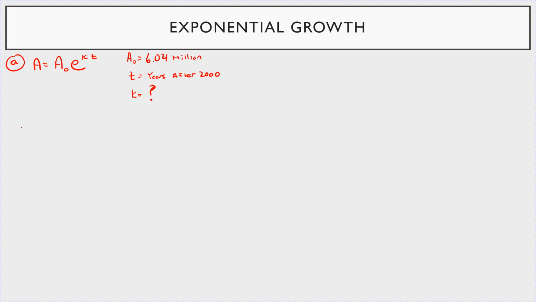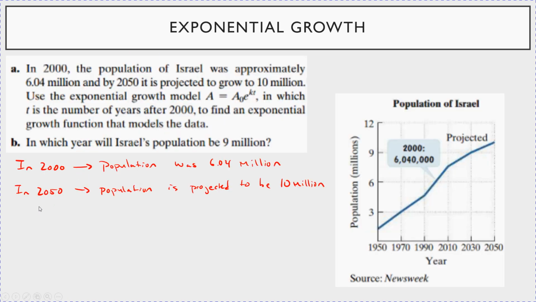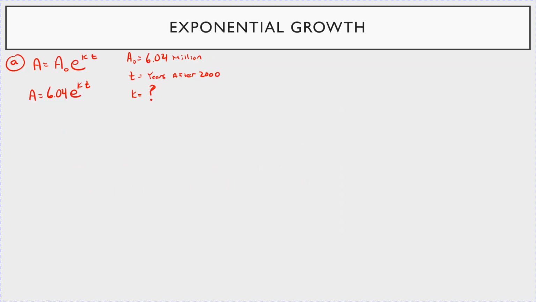So how are we going to do that? The amount A is equal to, plugging in what I know, 6.04 e to the kt. How are we going to do this? Going back, I know 50 years later the population is supposed to be 10 million people. So when t is equal to 50, the amount should be 10 million.